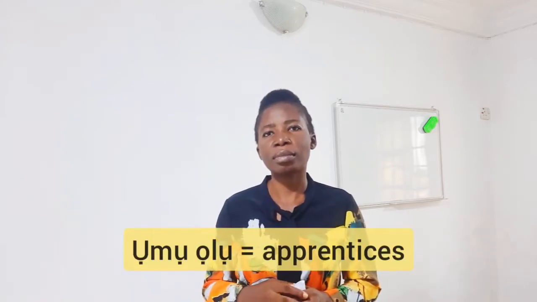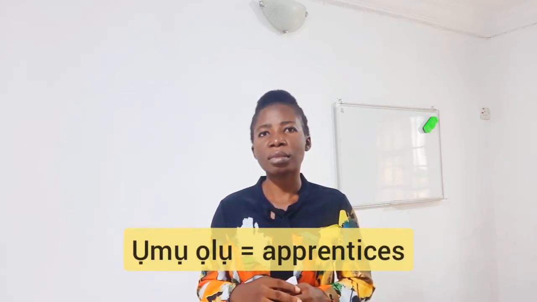Ụmụ mmadụ, people. Ụmụ ọlụ, apprentices. So when you add ụmụ to a noun, it makes it plural. So when you see where Igbo is written and you see that ụmụ is prefixed to a noun, then that word is a plural noun.